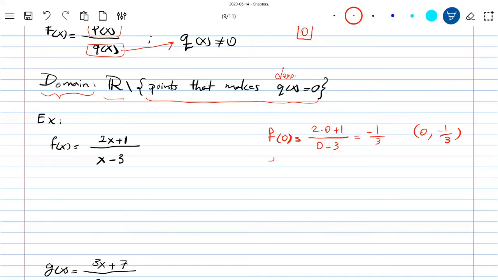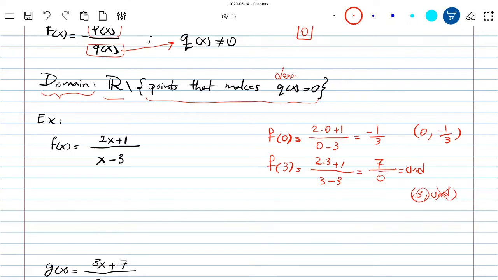But now the problem starts if I replace 3. I get 2 times 3 plus 1 divided by 3 minus 3, which is 7 divided by 0, an undefined value. So can I have the point 3 in the domain? Not really, because I didn't get any y value. This is not possible.